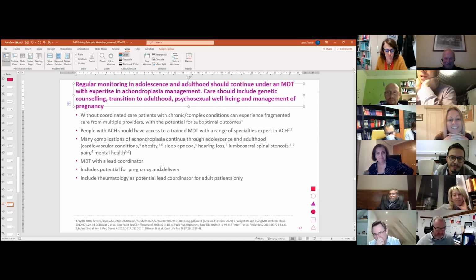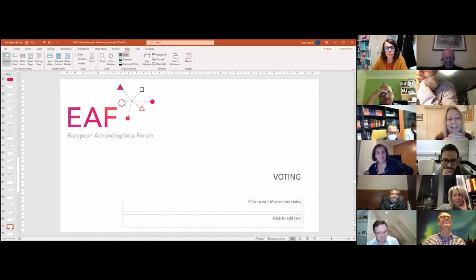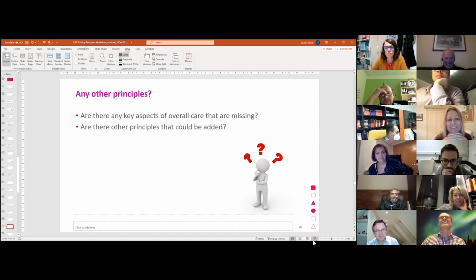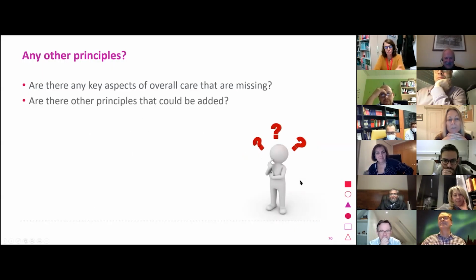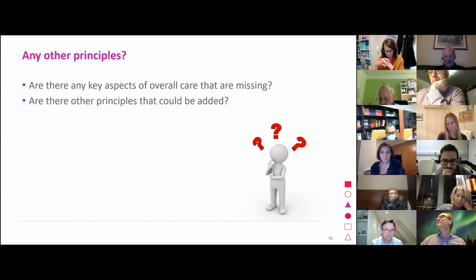Klaus, back to you. Yeah, I think I'm almost done with your help. There are a lot of other principles, but we can add these when the manuscript is circulated, and it might be possible then.